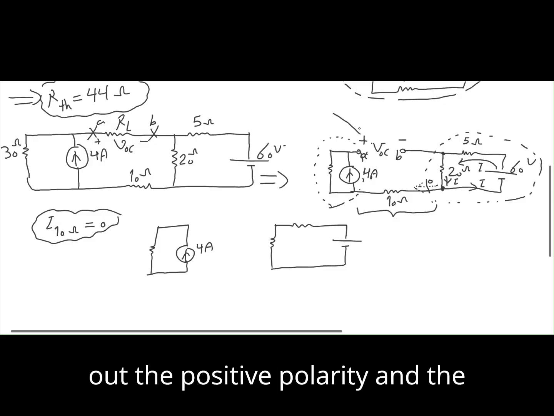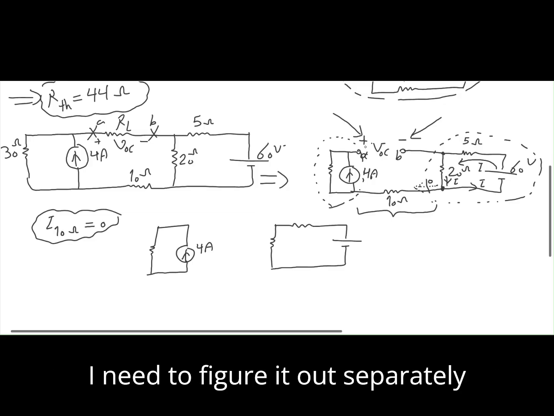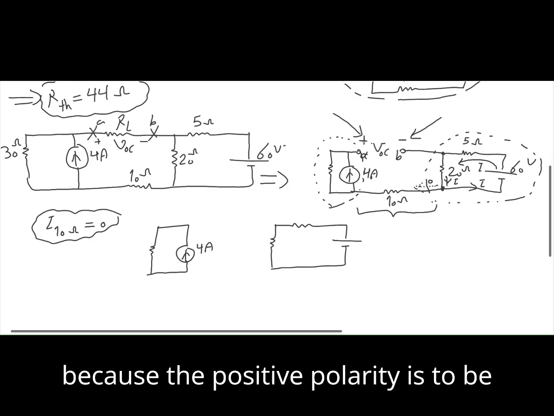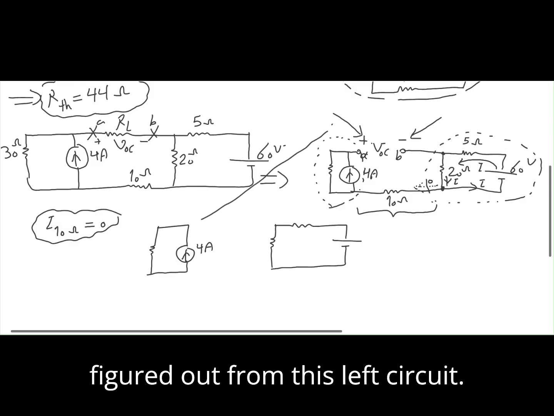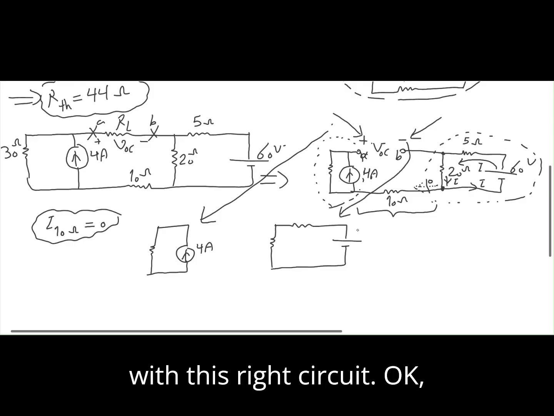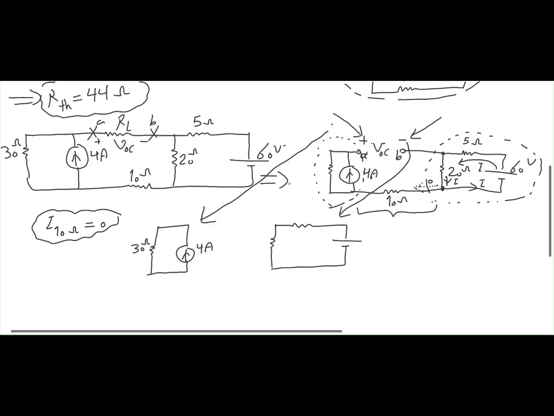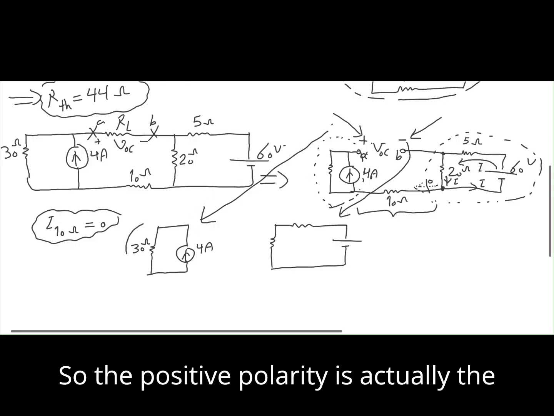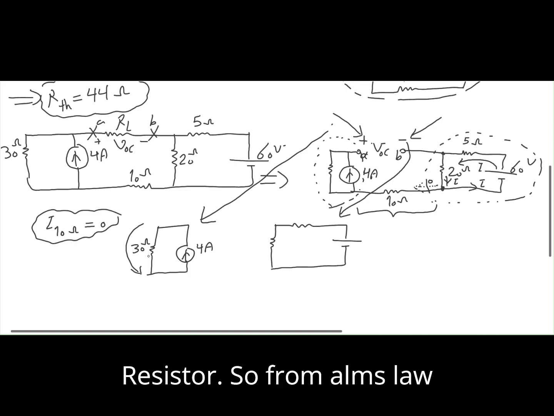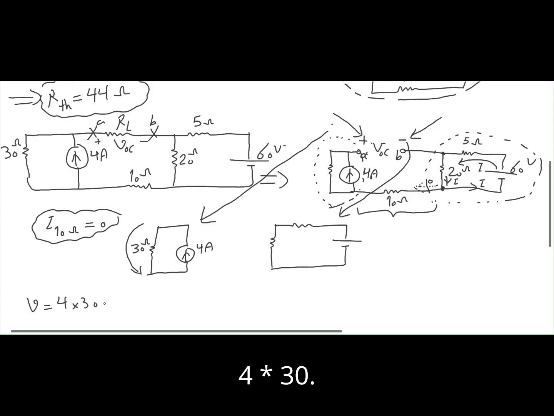So I need to figure out the positive polarity and the negative polarity separately, because the positive polarity is to be figured out from this left circuit, and the negative polarity is associated with this right circuit. Okay, so the left circuit, this one is 30 ohms here. So the positive polarity is actually the voltage across this 30 ohm resistor. So from Ohm's law, I know that this becomes 4 times 30, which is 120 volts.